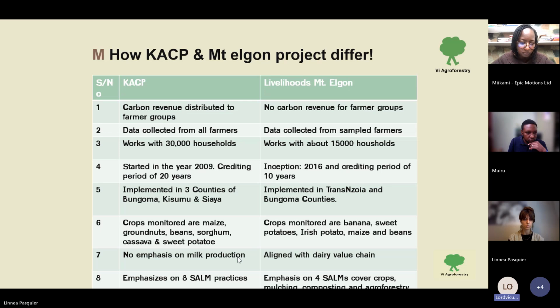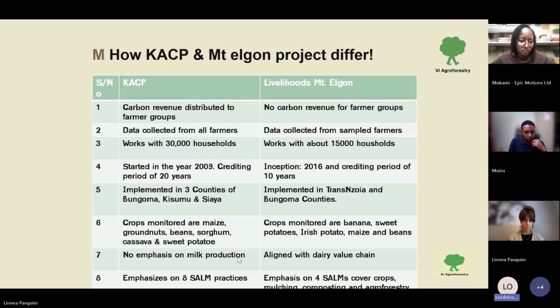Then for KACP, we don't lay a lot of emphasis on milk production, as my colleague has explained. For them, their project was somehow aligned with the dairy value chain. Then again, for Livelihoods, they lay a lot of emphasis on the implementation of four SALM practices.